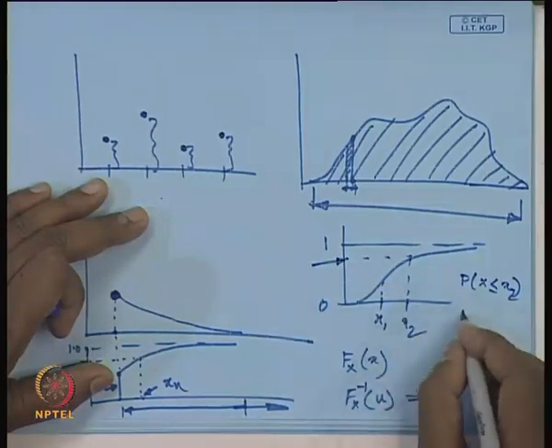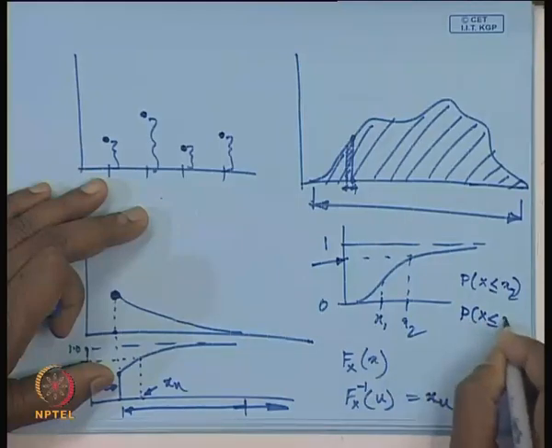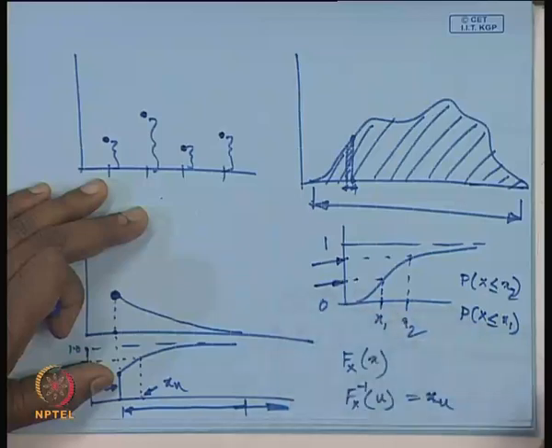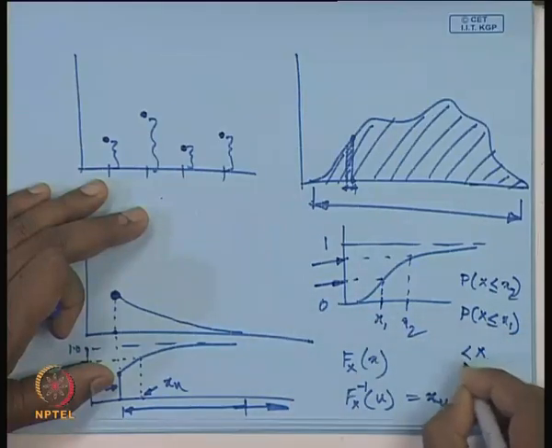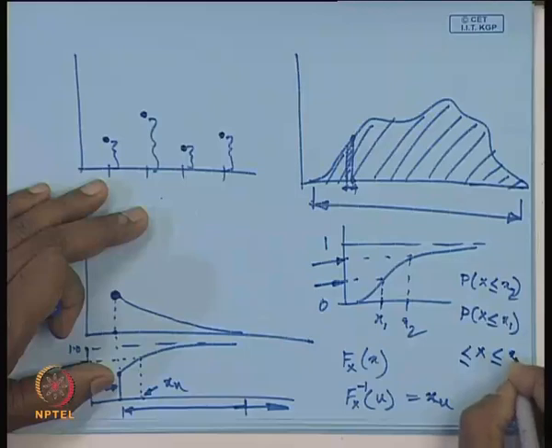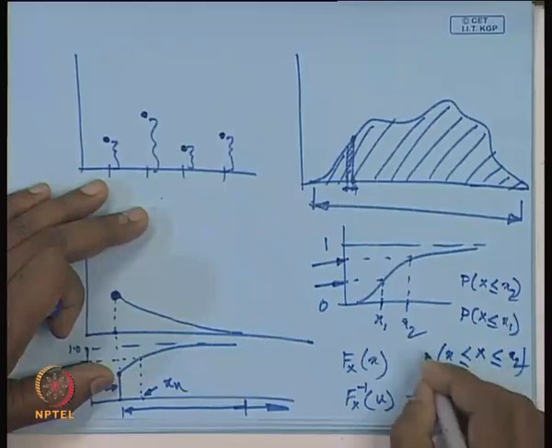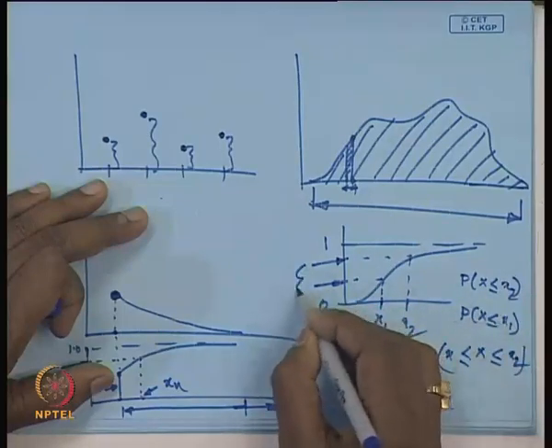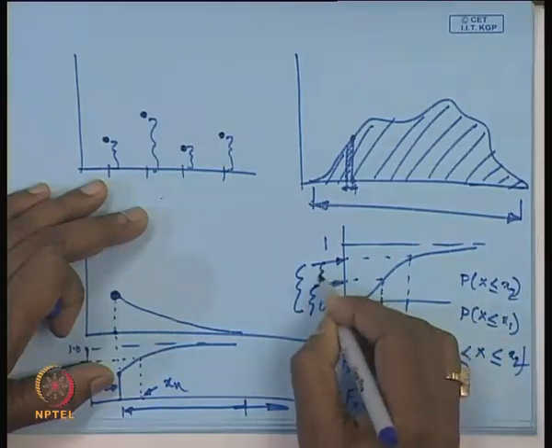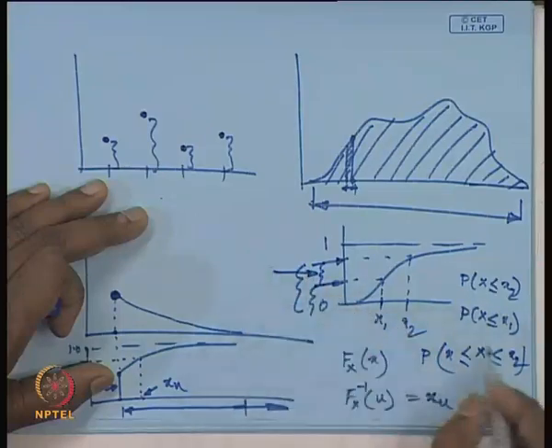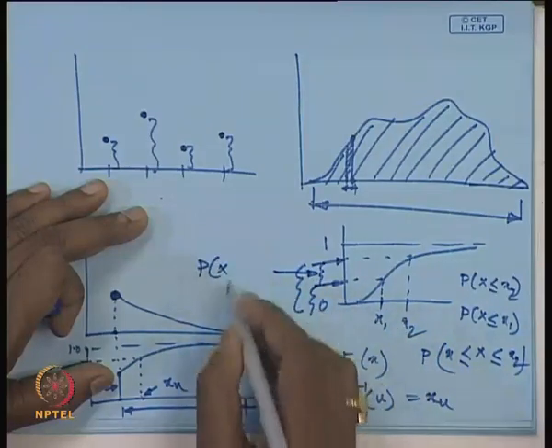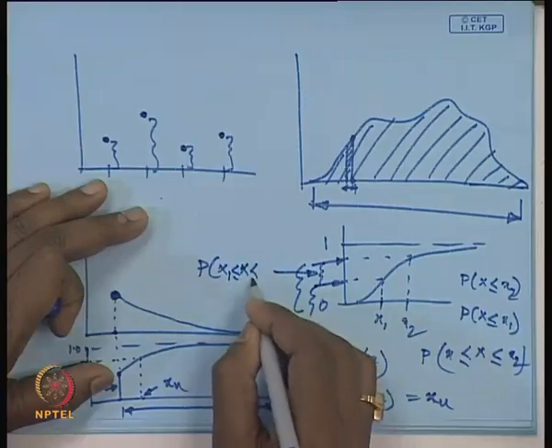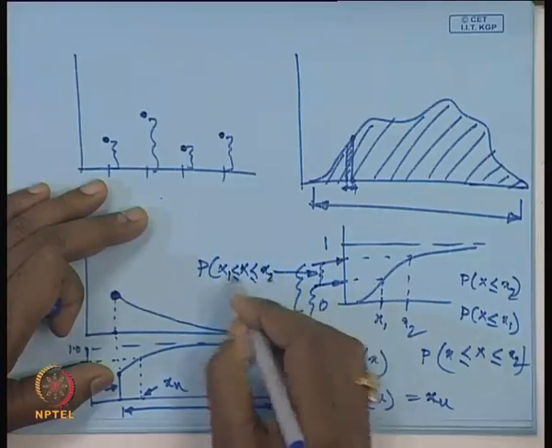Now, the probability of X less than or equal to x1 is this particular value. If X is in between x2 and x1, then the probability is the total probability minus this probability. So, this is the probability of x1 less than X less than or equal to x2.